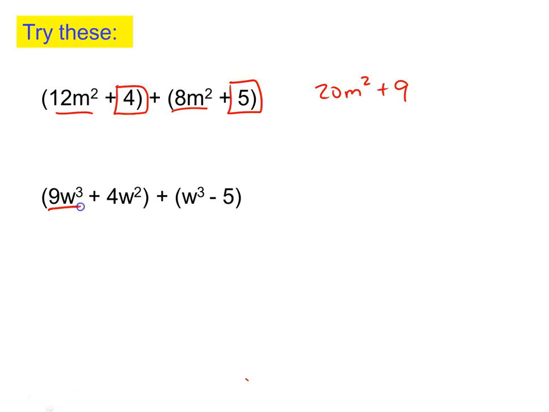Here I have 9w cubes and 1w cubed. That gives me 10w cubes. There is only one w squared term, so there's no like term with that guy. He just stays the same. And then finally, with a constant of negative 5 in the back for a cubic trinomial.